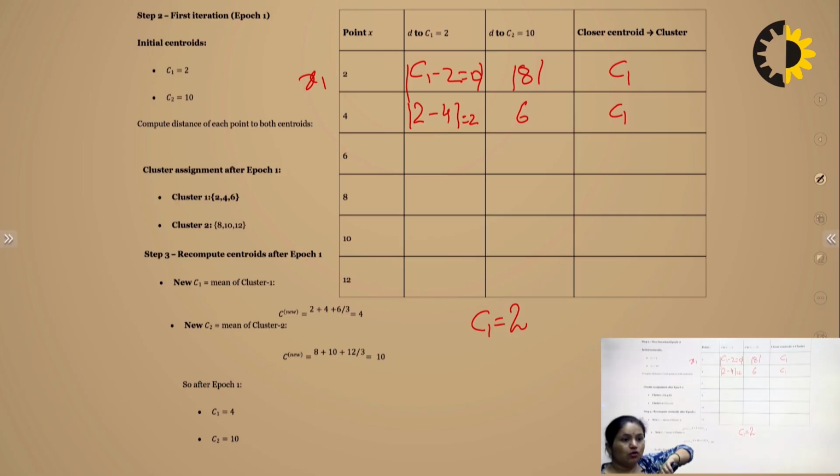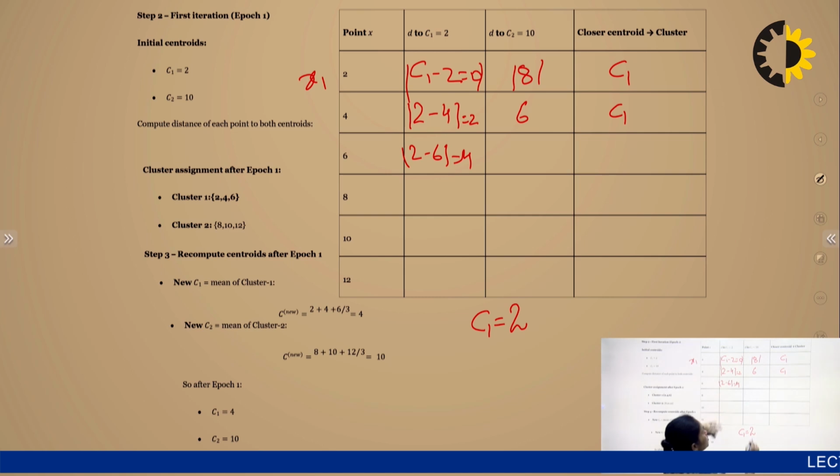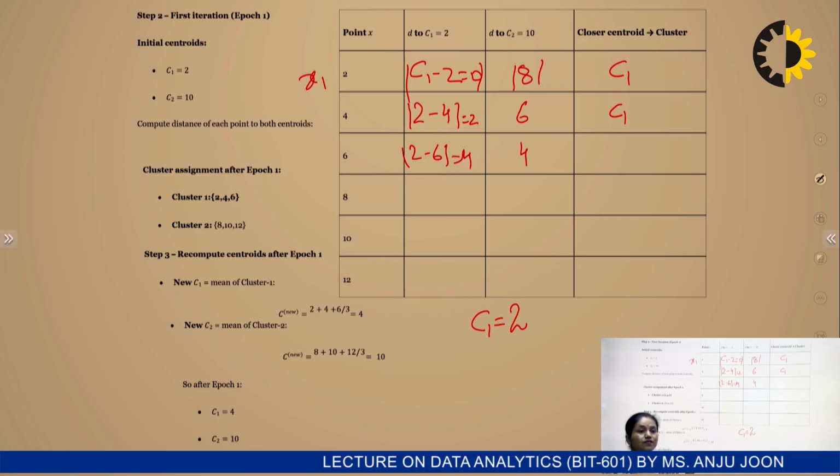Same here, we will go for it. Here is the 6. So what I will do, 2 minus 6, in mod, will be 4. Same, 10 minus 6 will be 4. So here I can see that both clusters have the same distance from this particular item.